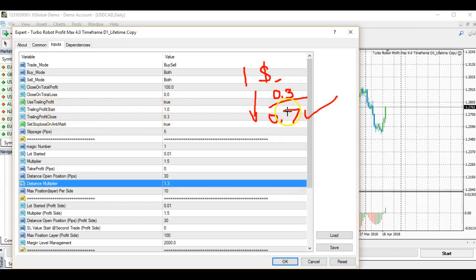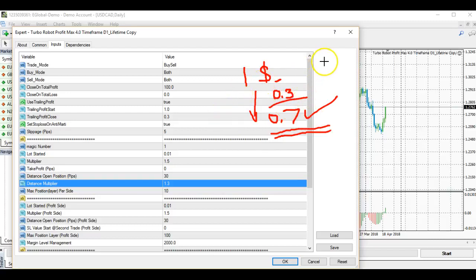So the moment it drops to 0.7, meaning your profit is 0.7, then your total trading on that particular series of trades will all be closed. So you are profiting $0.7. All right, so 70 cents. So that's it. It's just the same.